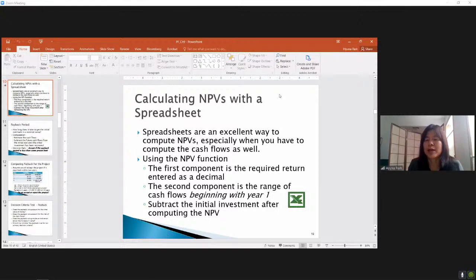So there are several ways of calculating NPV. You can use your financial calculator, and you can also use Excel. This slide shows you how to calculate NPV using Excel. You can use Excel's NPV function.